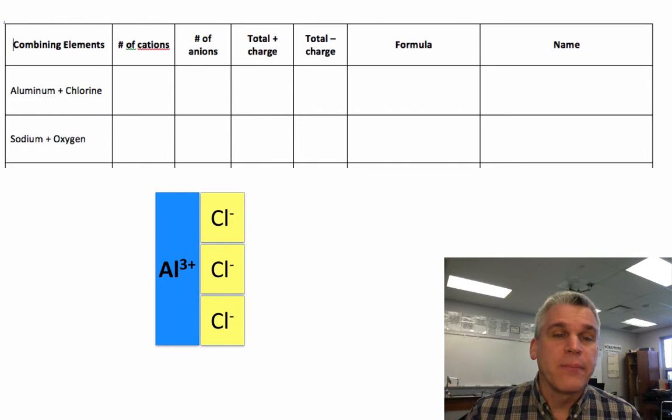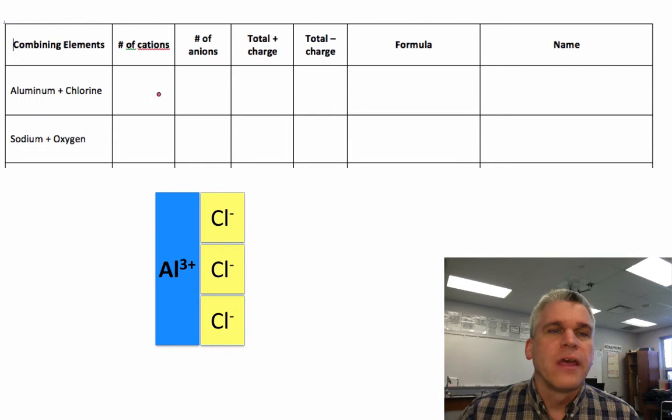Now take a look at what's happened here. The blue strip and the 3 yellow ones are the same size, so they fill this table out. So the number of cations, we have just 1 cation piece of paper, and we have 1, 2, 3 anions. The total positive charge is 3 plus, the negative charge is 3 negative.